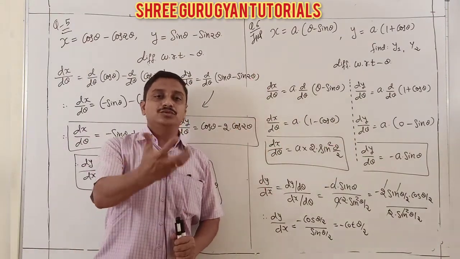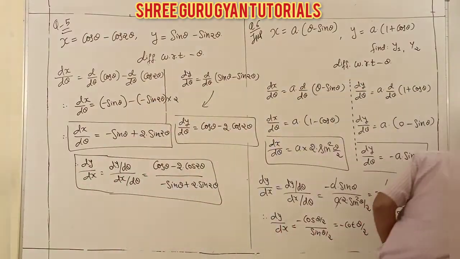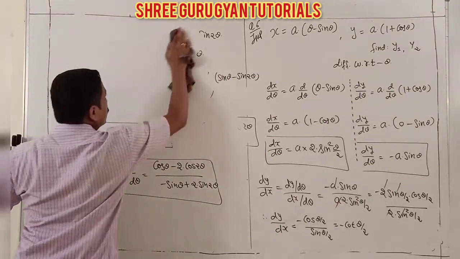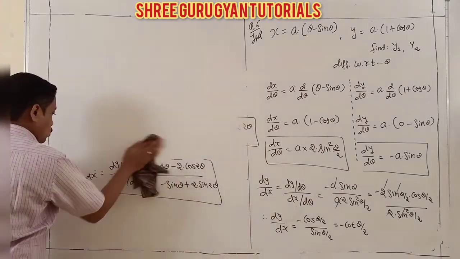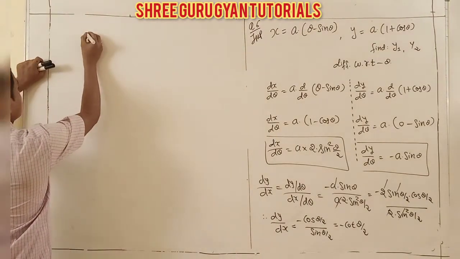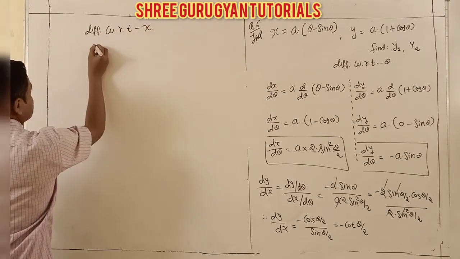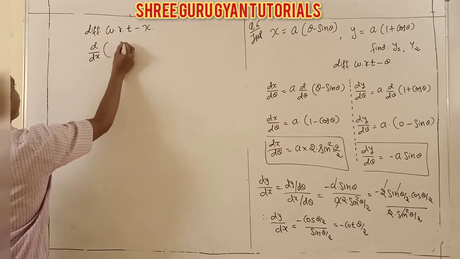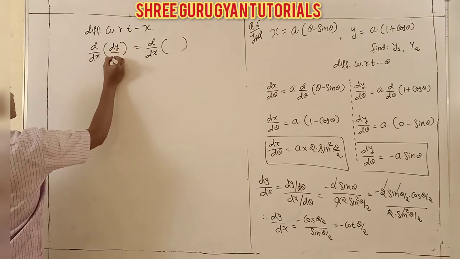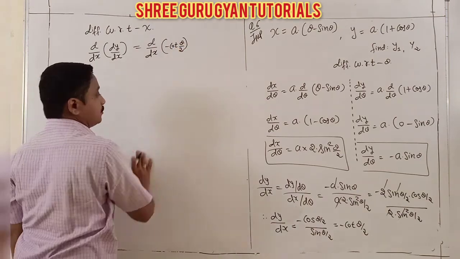Now I move ahead to continue with the second order derivative. So same is, now second order derivative starting. It means differentiation with respect to x. So d by dx of your left side divided by dx, and here minus cot theta by 2.